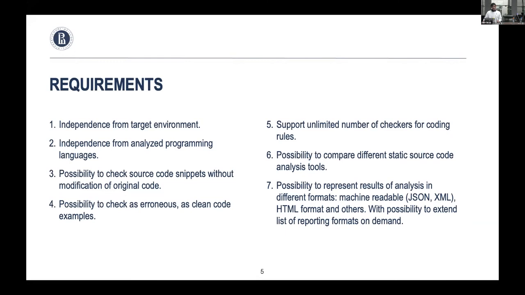The fifth requirement is to support an unlimited number of checkers for coding rules, and the sixth and seventh are the possibility to compare different static source code analysis tools and to represent results of analysis in different formats, like machine readable, JSON, XML, and HTML. And there is the possibility to extend the list of reporting formats.